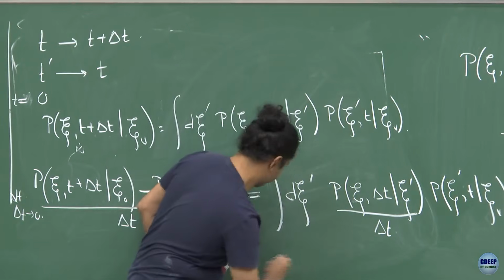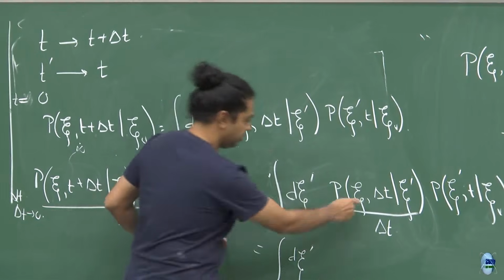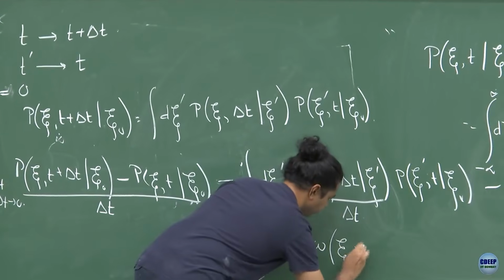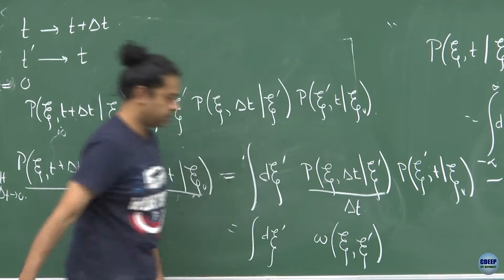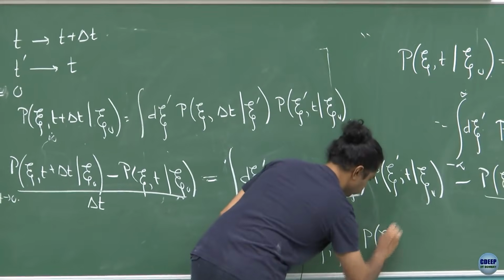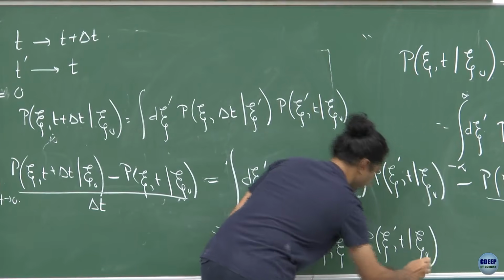So, let me write this d xi prime. This is a transition rate of going from xi prime to xi, times the probability that you were at xi prime at t given xi naught.